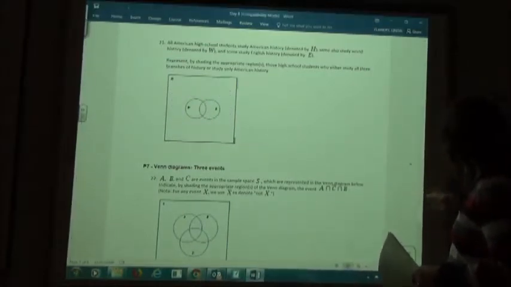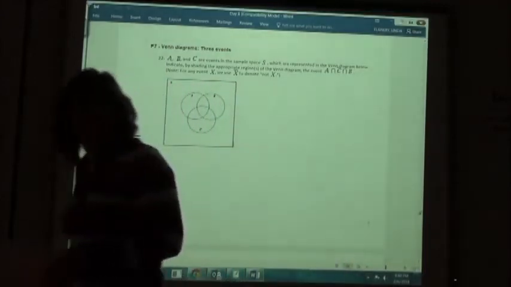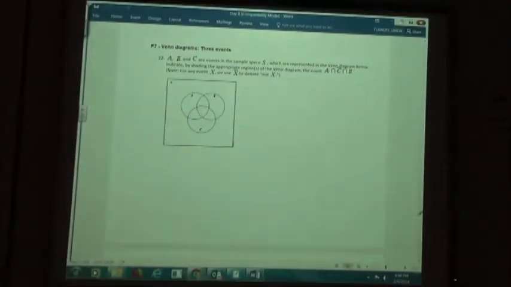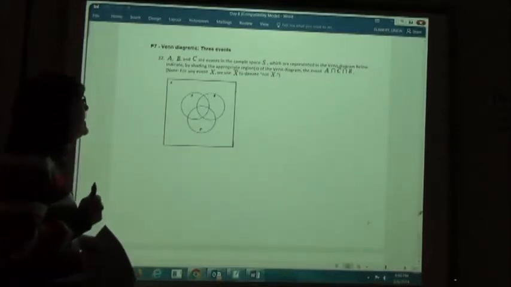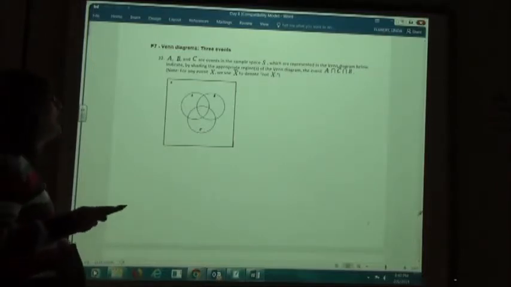And then we get to make them even crazier, because now we're going to do all the symbol things with the intersections and the unions and the not symbols. So, A, B, and C are events in my sample space S, which are represented in my Venn diagram below. Indicate by shading the appropriate regions of the Venn diagram.